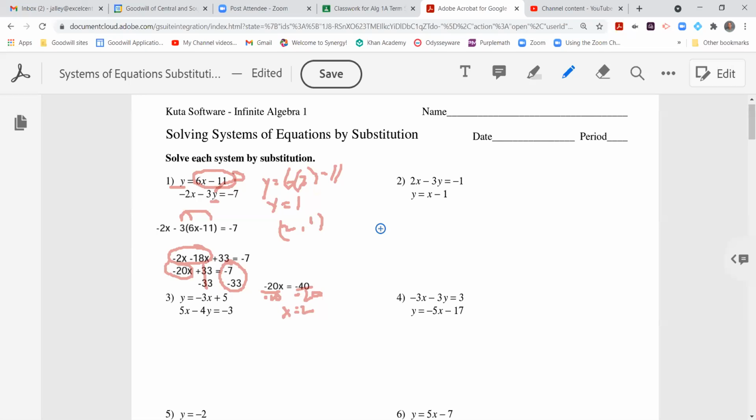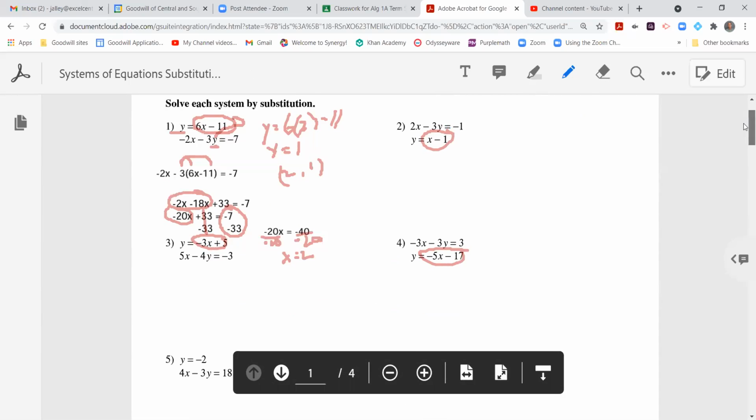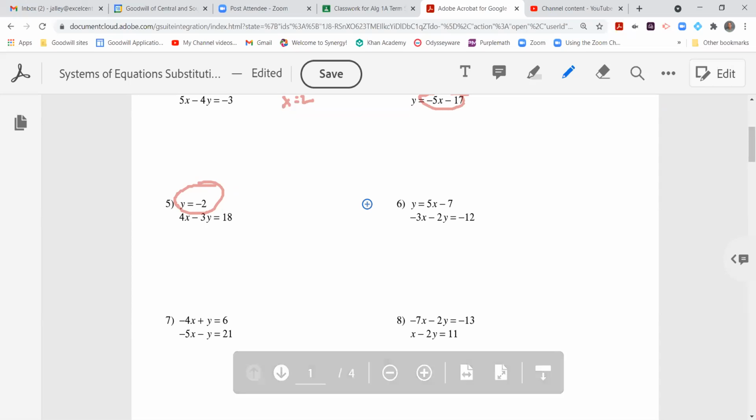But if you have an equation, any of these that say y equals something, y equals this, y equals that. Oh, there's the best one here, y equals -2. Then we just plug in the number. Thank God. That's an easy one because you don't have to calculate it again for y. You're going to know what the y is because they give it to you.